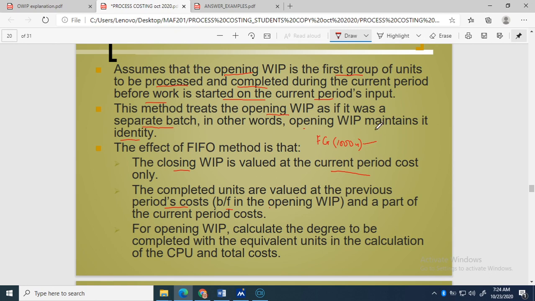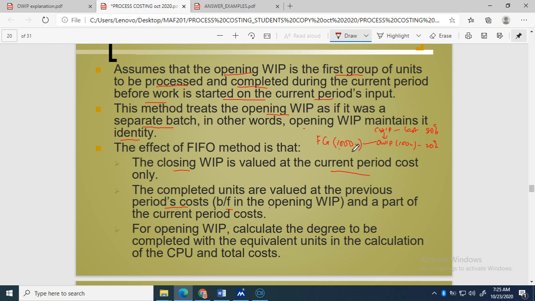That means from last period's CWIP that we transfer to OWIP this current period, let's say about 100 units. Last period, this CWIP was 80% complete. So in this period we should continue another 20% to make it 100% completed.